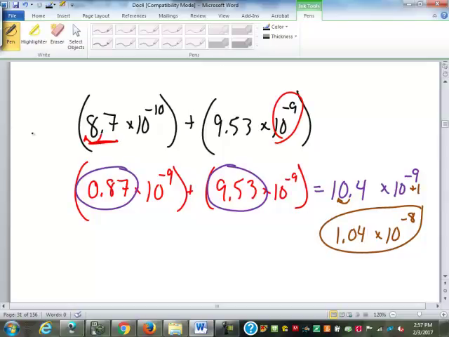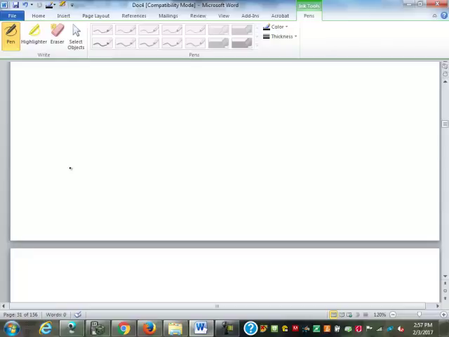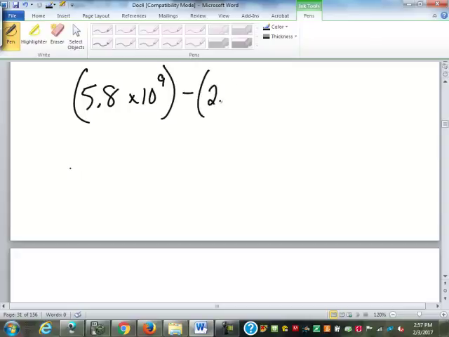So let's look at subtraction. So 5.8 times 10 to the 9th minus 2.7 times 10 to the 9th.